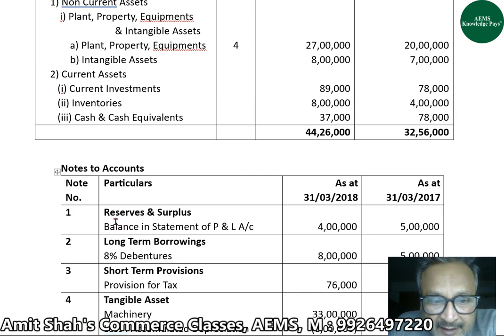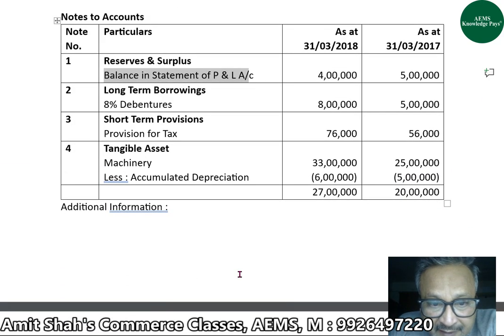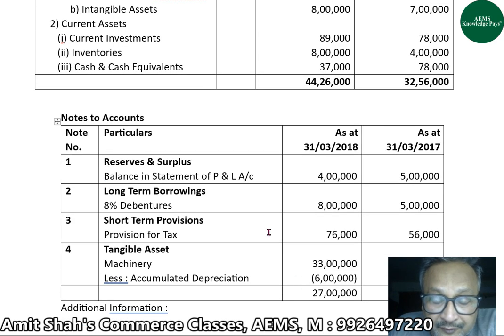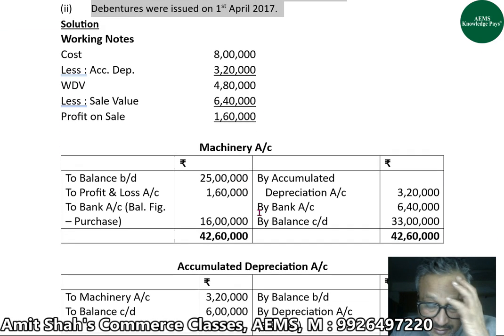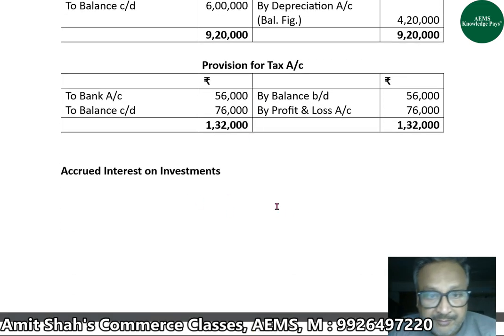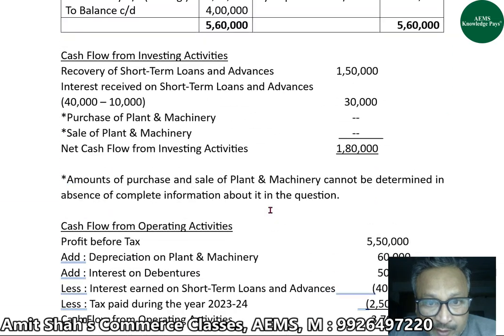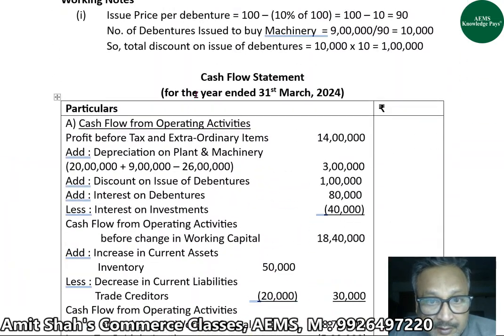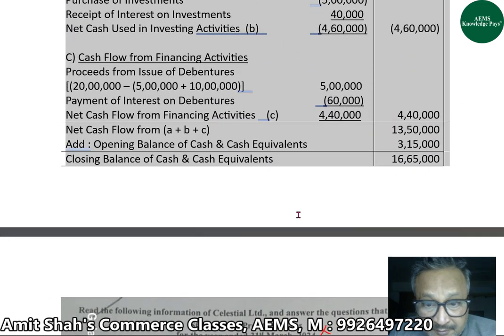Since we do not have any item of reserve and surplus, nor do we have any information about dividend, we can determine the amount of profit before tax on the face of the cash flow statement itself. So I'm preparing here the format of the cash flow statement by copying it from this example.